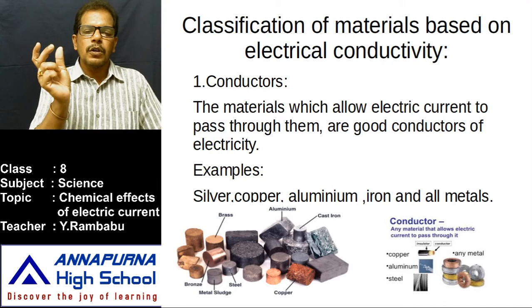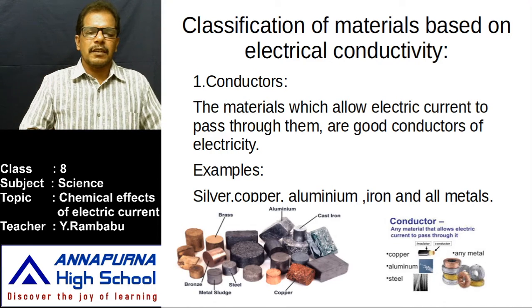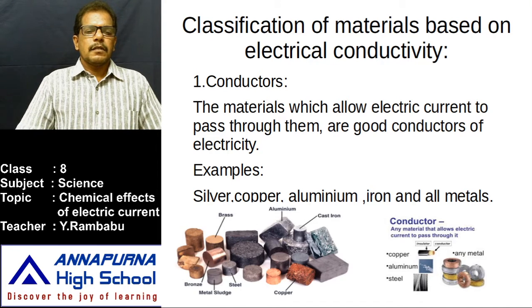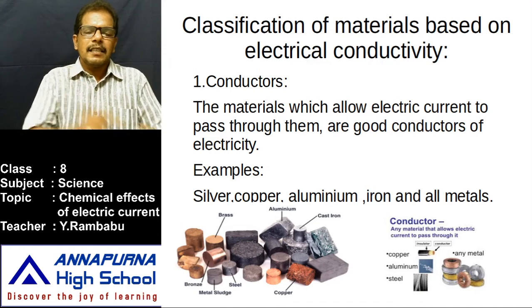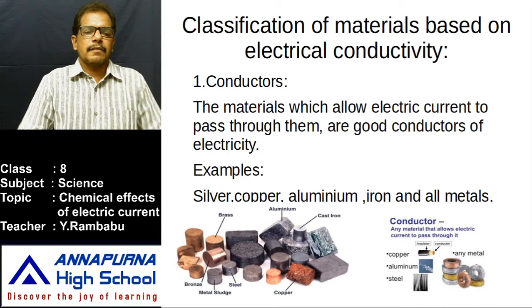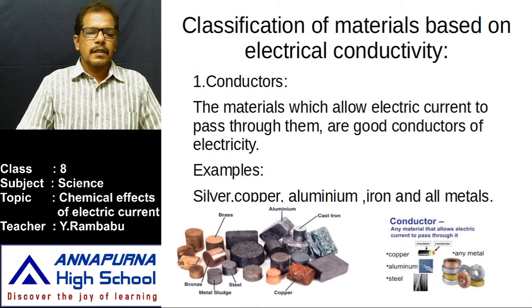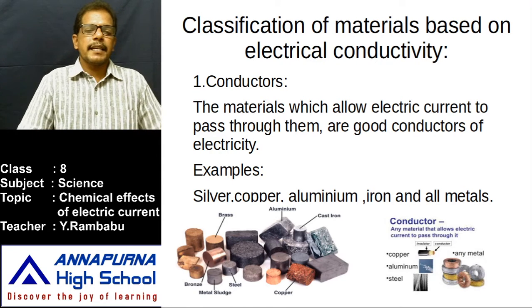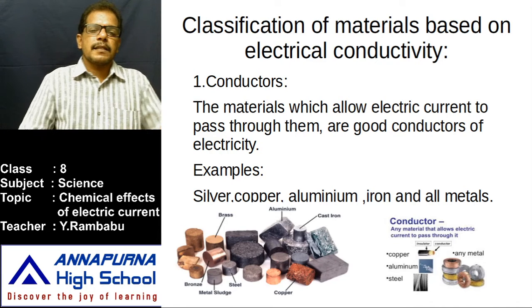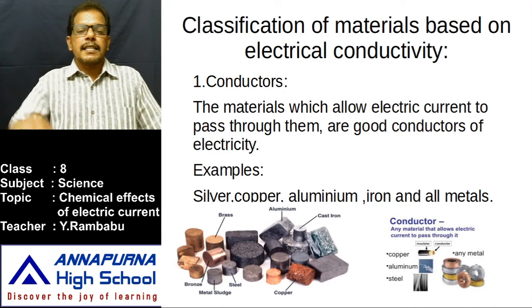Where he holds it, what is there? Plastic or other insulating material is there. Why? If that metal is directly in contact with our body and conducts, then it is fatal, dangerous. That's why two types of materials are used here. Through one material the electricity passes, while through the other the electricity doesn't pass.